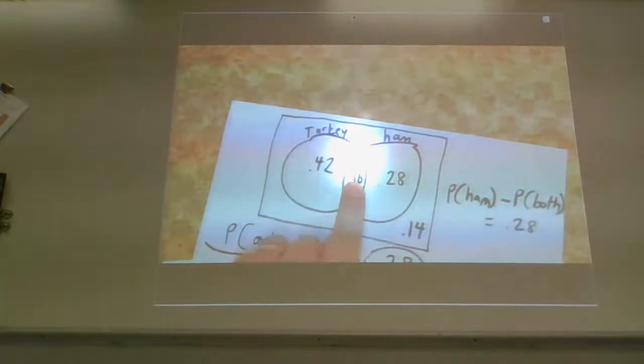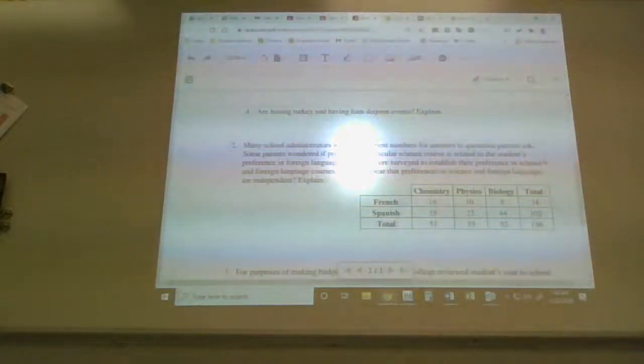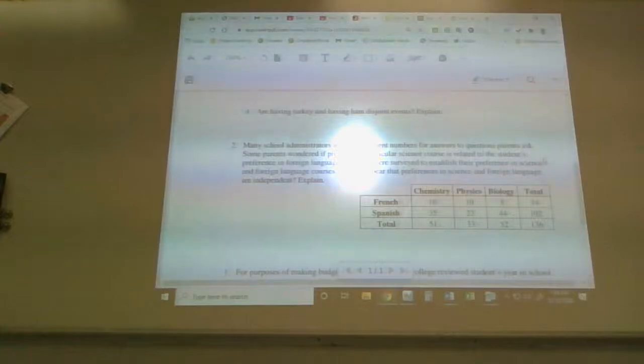The only way that's going to happen is if this number in the middle is 0%. So the question is, are they disjoint? No, they're not. Why? Because the probability of both is 16%. The only way that they're going to be disjoint is if the probability of both was 0. Okay.